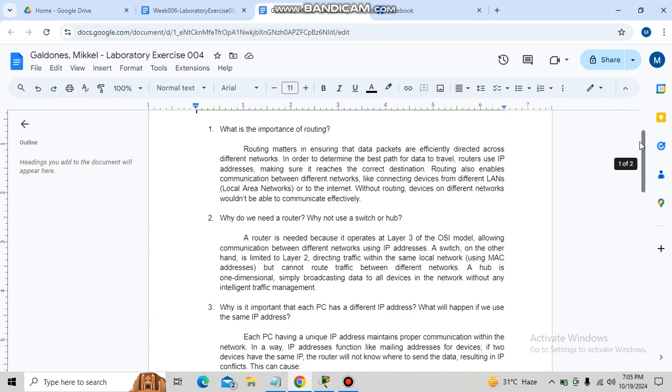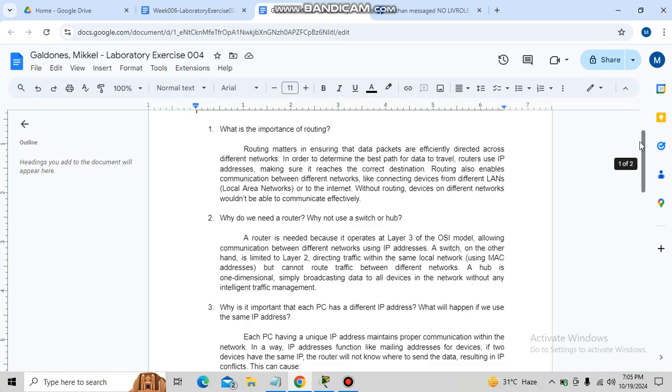It enables communication between different networks, like connecting devices from different LANs or to the internet. So, obviously, without routers, there would be no internet, or only the devices within the same network would be able to communicate. They wouldn't be able to reach other LANs. So, yes.